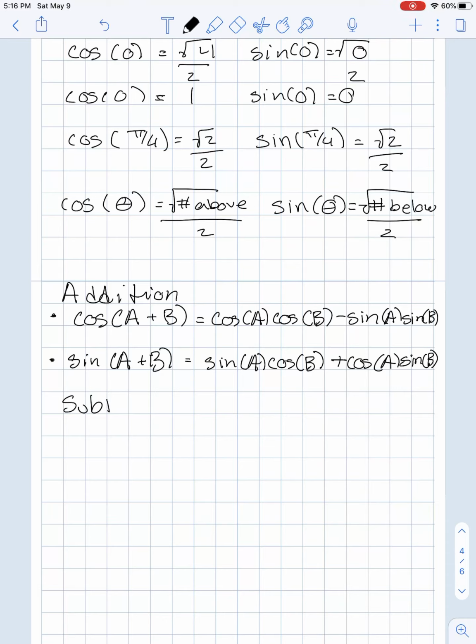We actually can derive the subtraction formulas.